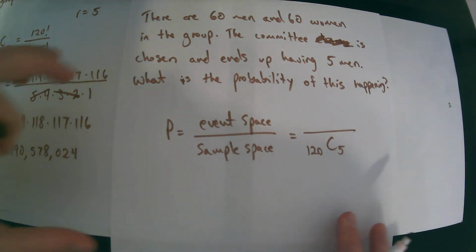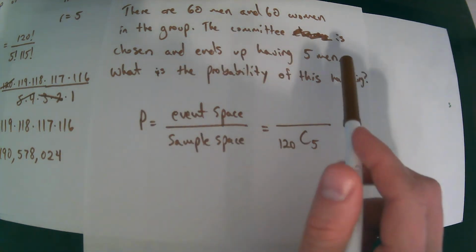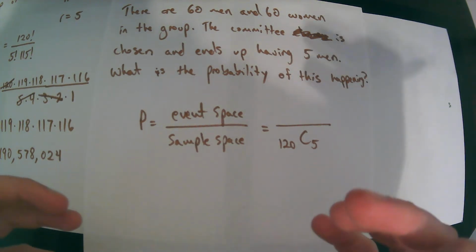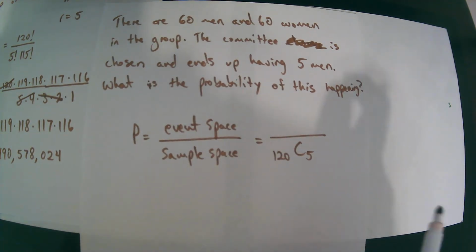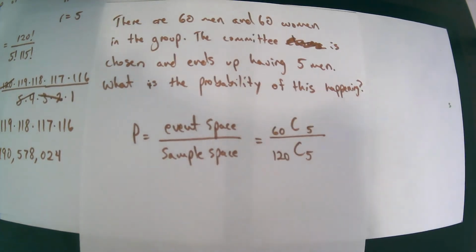Okay, so the way we can count the event space is we can think about it as, the question is, how many ways are there to get a committee of just 5 men? So isn't that kind of the same as saying, how many ways are there to choose 5 people from this group of 60? Right? Because that's half of the group. So it's like 60 choose 5.